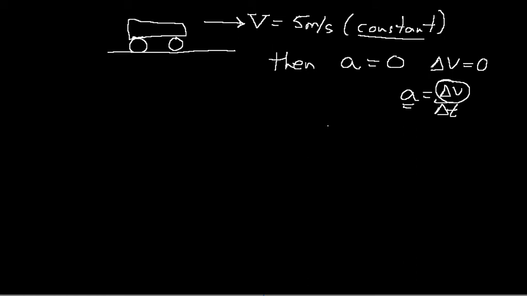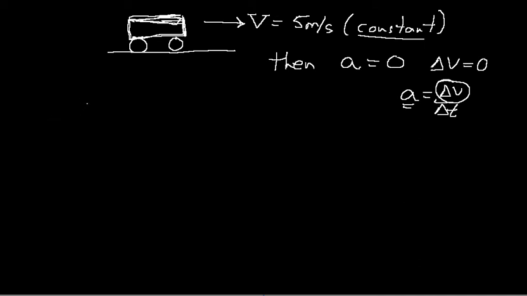If that's the case, my question is this: does that mean that there are no forces acting on this cart? I'll say it again. If the cart's moving at a constant velocity, does that mean that there are no forces acting on the cart? And the answer is no, of course not.